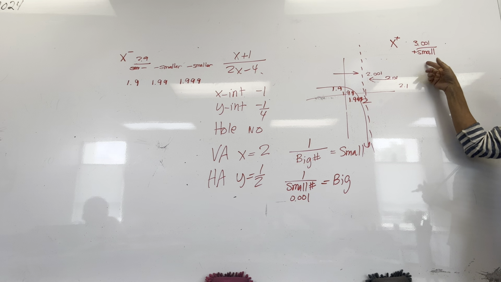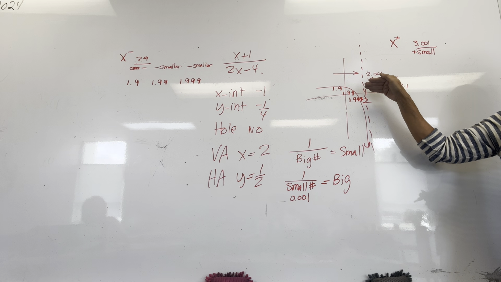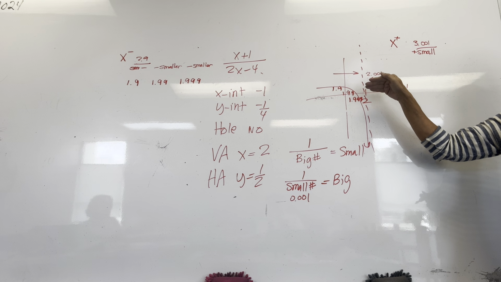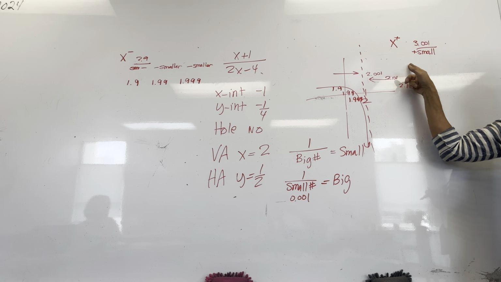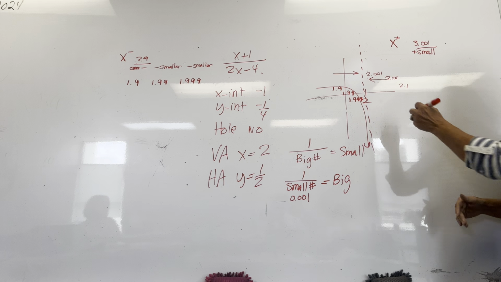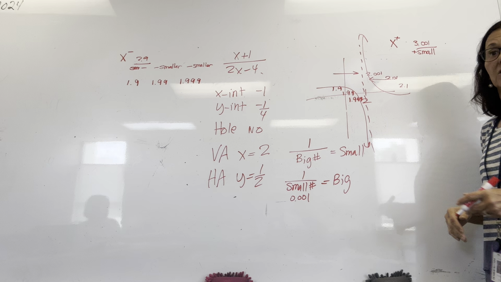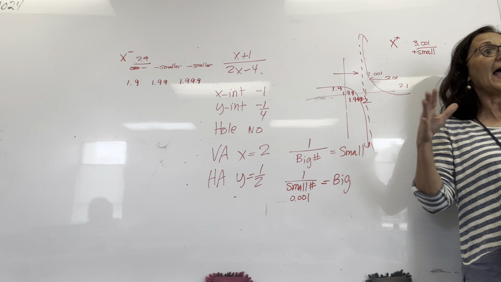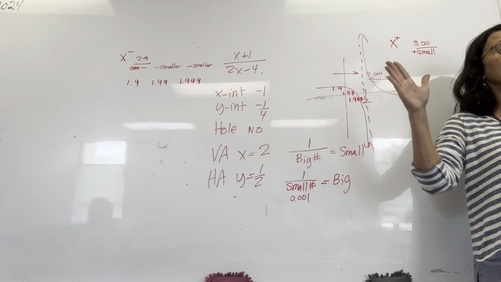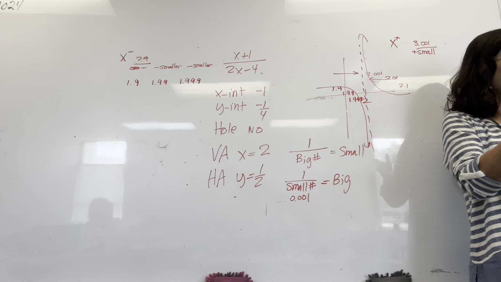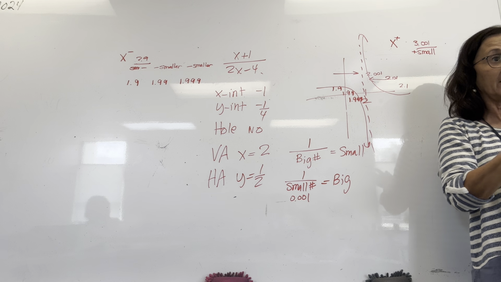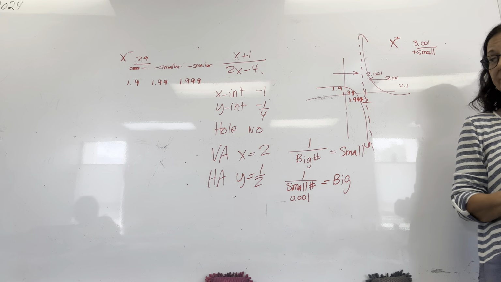So what from the right is y approaching? It's positive over positive, but the denominator is small. Positive infinity. So it's going to be going up. So we can tell what our behavior is going to be as it approaches those asymptotes with that big little concept.